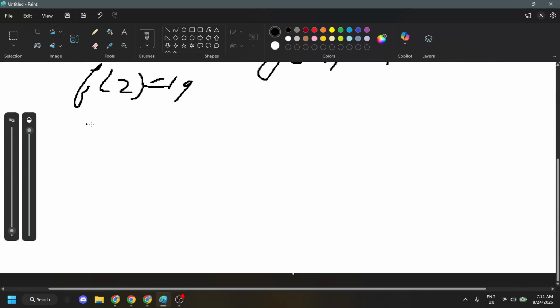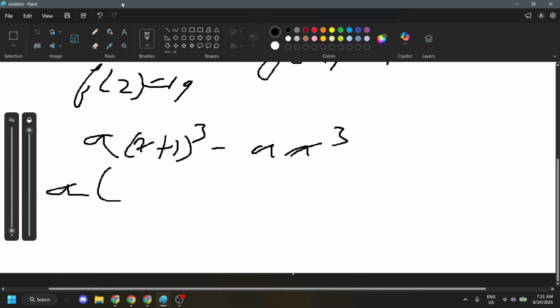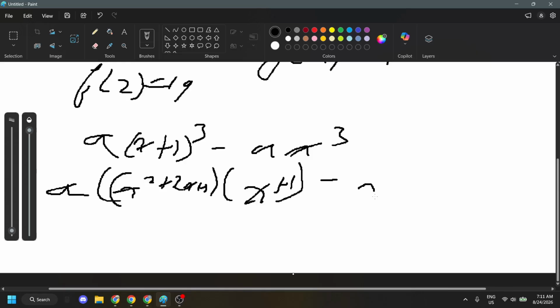Let's say we have a x cubed: a times x plus 1 cubed minus a times x cubed. We could factor out the a, then we get x squared plus 2x plus 1 times x plus 1, and then minus x cubed.